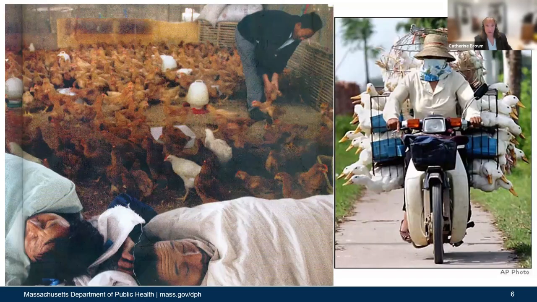Now, if you looked across the globe, you can see that there are other ways that other cultures may interact with these same types of animals, right? So on the left, this is actually an old photo from, I believe, a National Geographic story about avian influenza, demonstrating that in some cultures, the people who work with poultry, raising them for food, often have to share the same environment with those poultry.